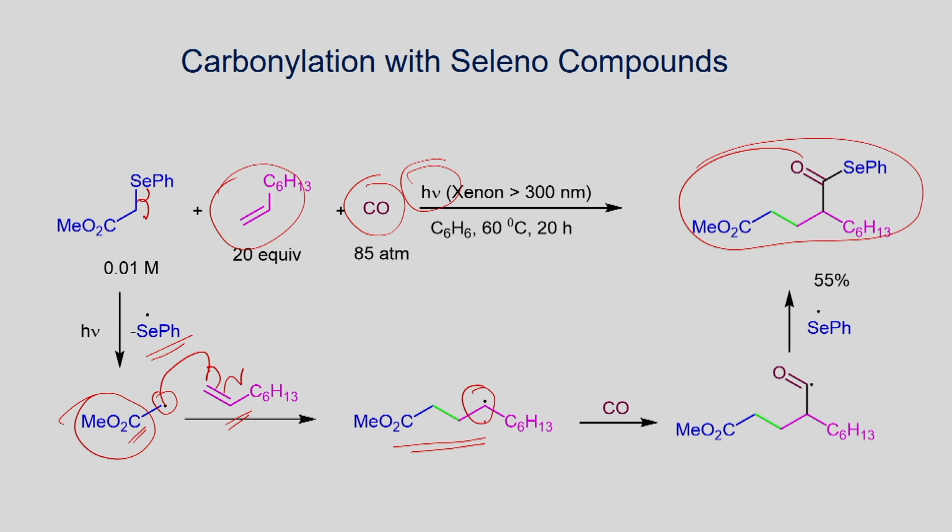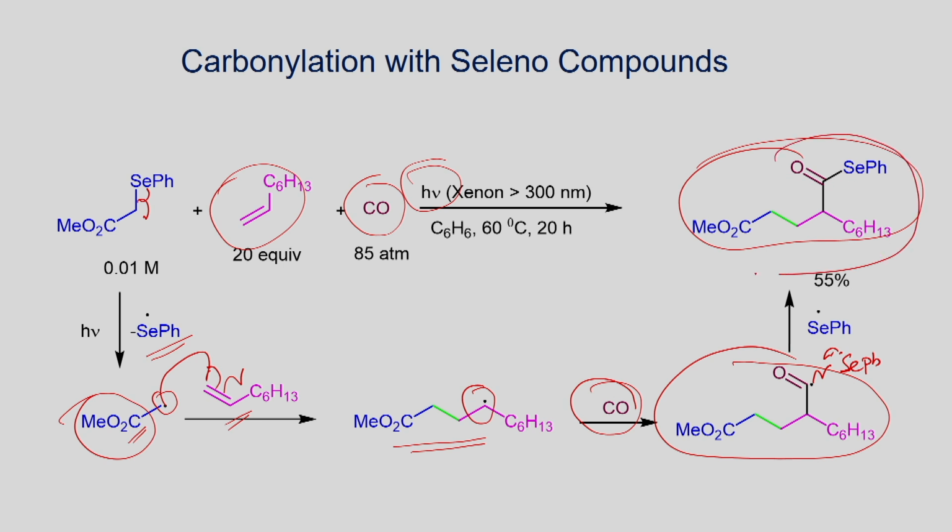This secondary radical now can react with the carbon monoxide. Addition reaction can lead to the formation of the carbonyl radical. This radical can react with this selenium, and you will be able to make a carbon-selenium bond.